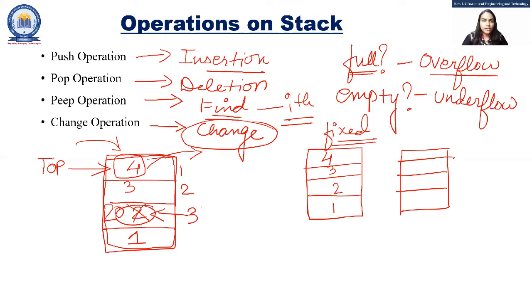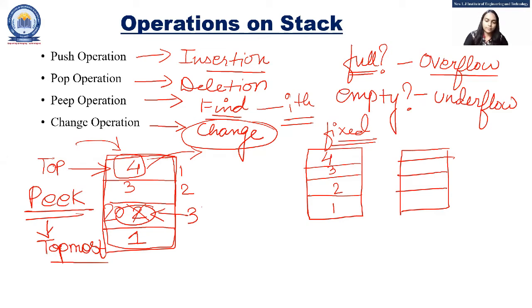In some operations we need to check full, and in some operations we need to check whether the stack is empty, right? So we need to check that before actually doing the procedure. One more operation is peek, P-E-E-K, which returns the topmost element where the top pointer is pointing.